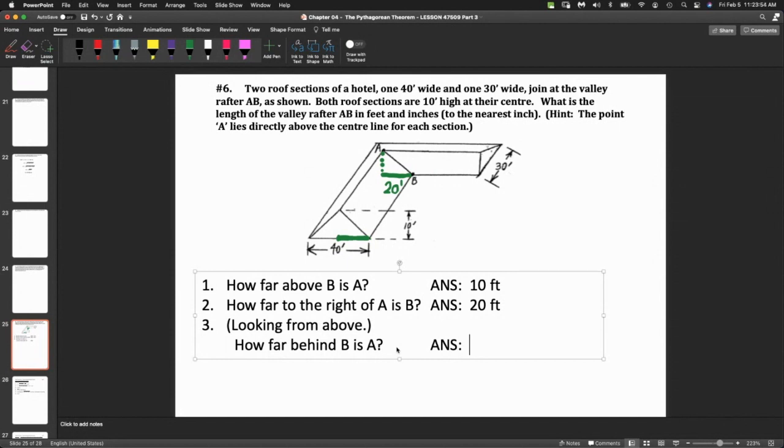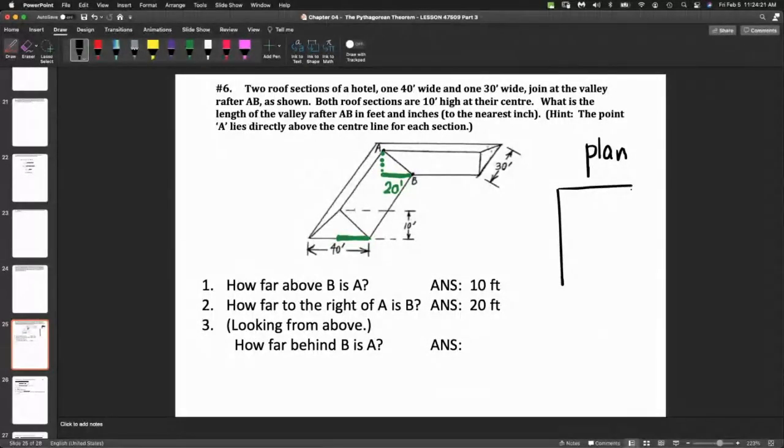Are you showing off your skills? All right. How far behind B is A? I'll assist you here by drawing a plan view. Are you familiar with what a plan view is? What does it mean to have a plan view? Bird's eye. Thank you. So let's do a bird's eye view.